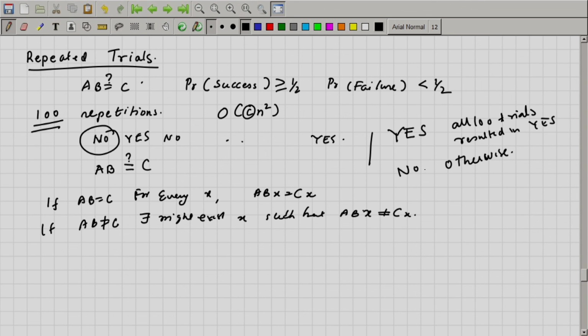We could also just stop at the first time a no appears, which is equivalent. Instead of doing it 100 times, we continue only if all the previous runs resulted in yes.